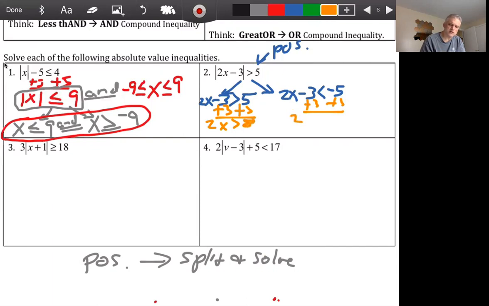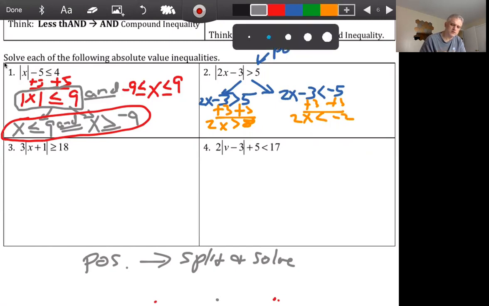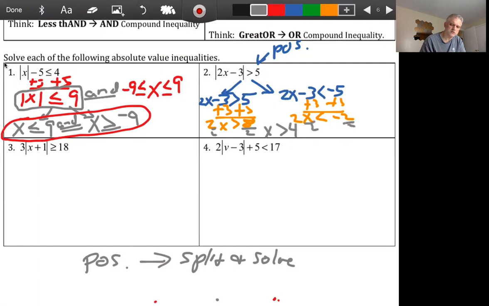And then we got 2x is less than negative 5 plus 3, which is negative 2. Let's not forget our symbol here. Less than negative 2. Okay, now we divide by 2. Divide by 2. Divide by 2. So we've got x is greater than 4. And then we divide this one by 2, divide this one by 2. We get x is less than negative 1.